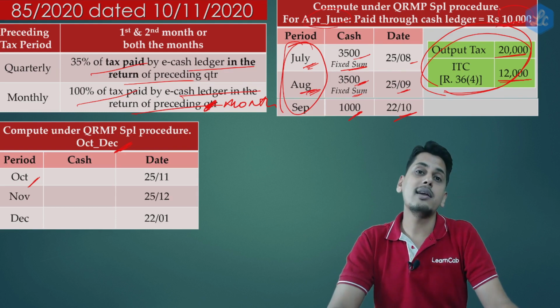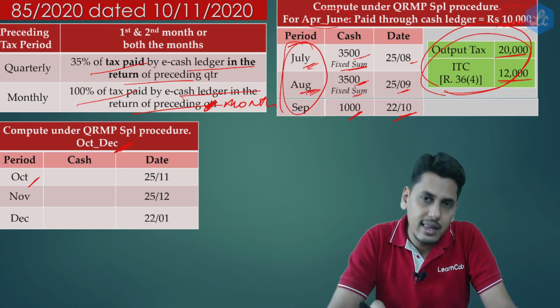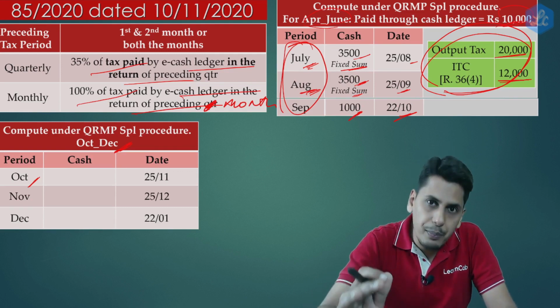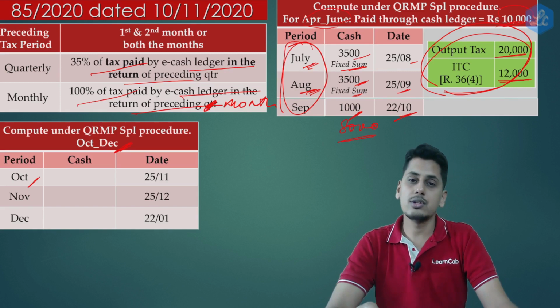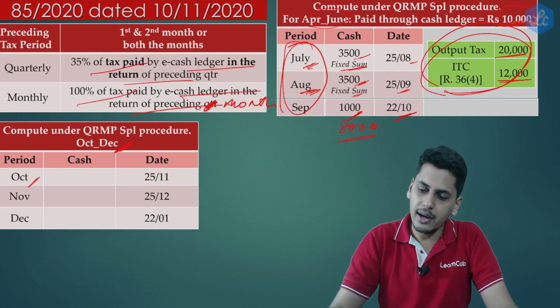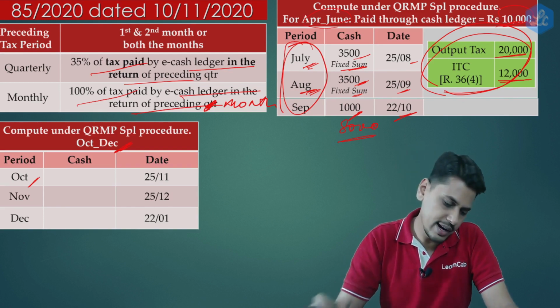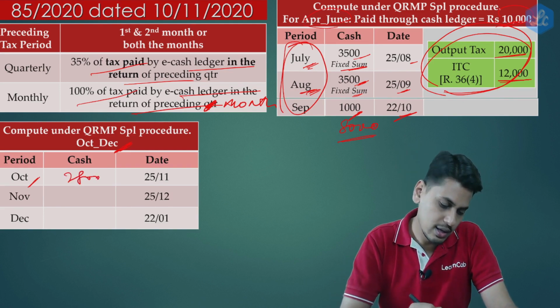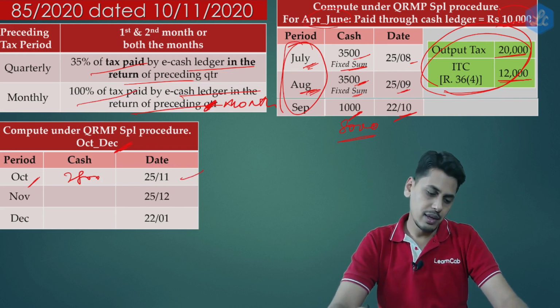So friends, what is the amount which is being paid by debiting the electronic cash ledger for the preceding tax period? It is 8,000. So 8,000 multiplied by 35%, 2,800 he is going to deposit for the month of October. He needs to pay by 25th of November.